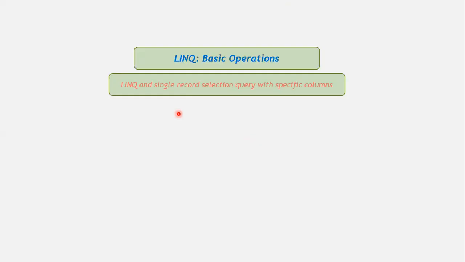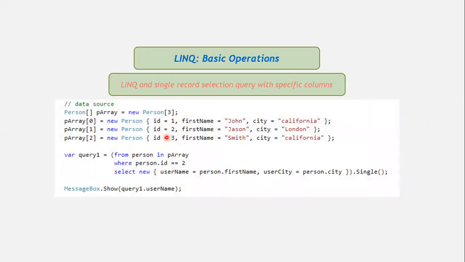As you can see, if I'm going to select the second object from this collection of three person objects, then in this slide, instead of selecting all the columns of this person object, I can also select only a few columns. So it's my code that will be responsible to select either the ID or the first name or the city, all the columns, or only a few.